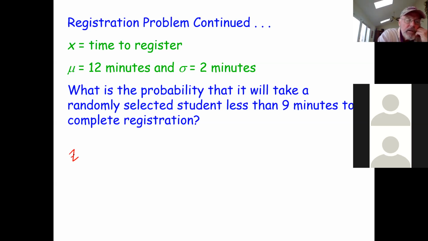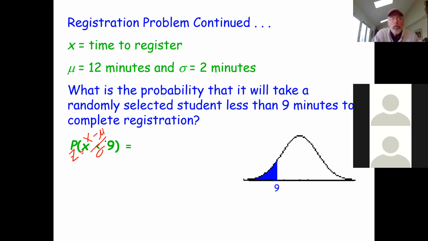How about z is equal to x minus mu over sigma? Remember that? So we're going to take the value 9, put that in for x. We're going to put 12 in for mu, and sigma is going to be 2.